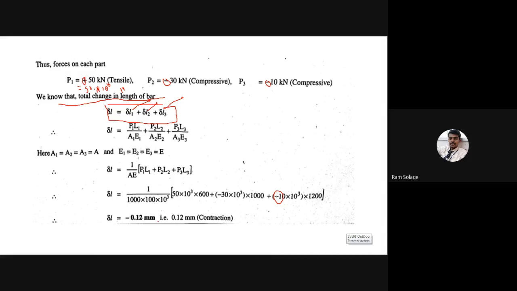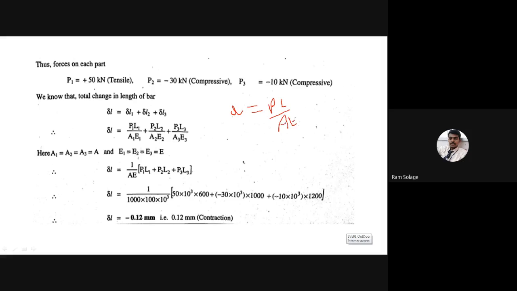Now put the values. Delta L is equal to PL upon AE.